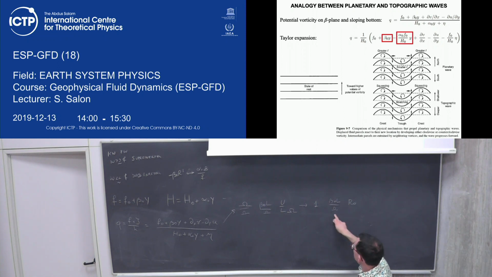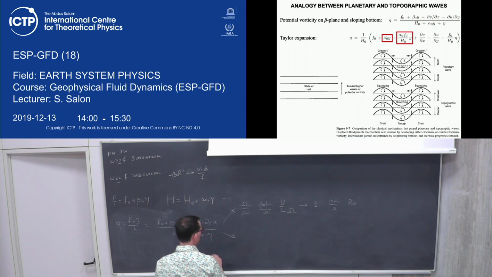So these two terms are much smaller than 1, because this is nothing more than the beta parameter, and this is Rossby, which we know from the beginning is much smaller than 1. Same thing in the numerator.